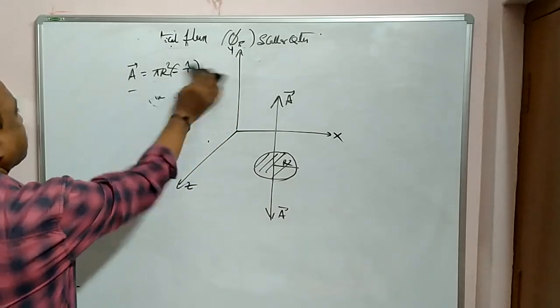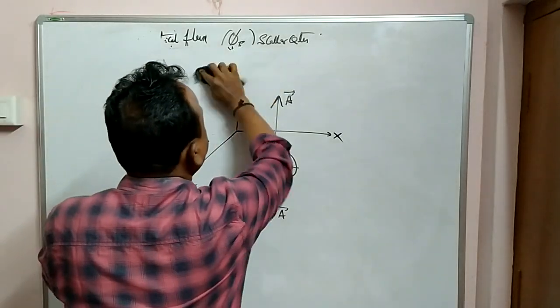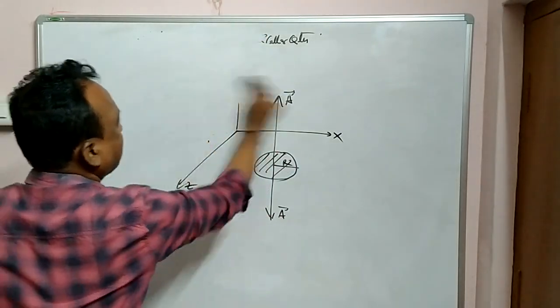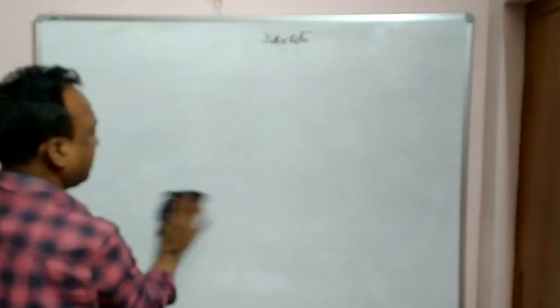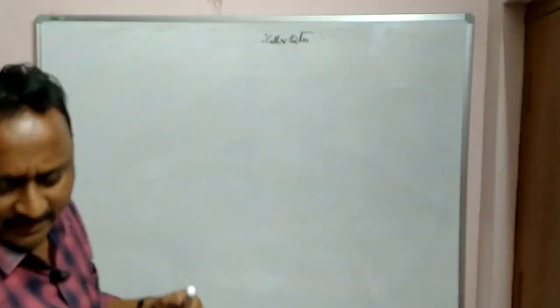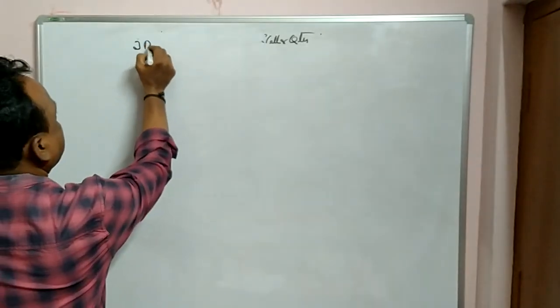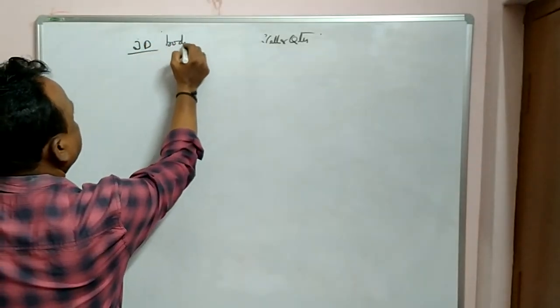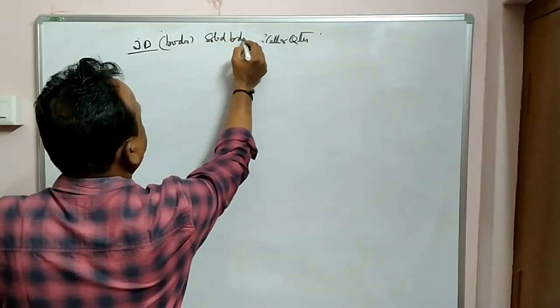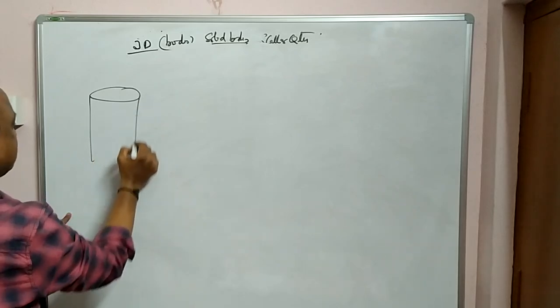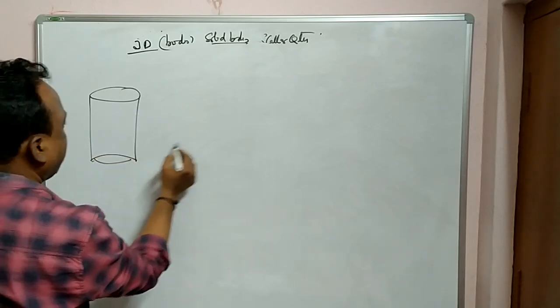Right. Now let us go to 3D figures. Same thing, electrical flux. Suppose 3-dimensional figures are given, how do we write the area vector? For example, 3D bodies, that is solid bodies, like a cylinder or a solid sphere.